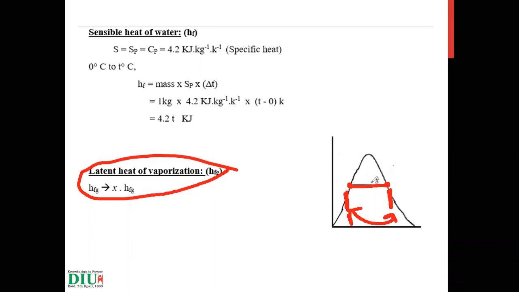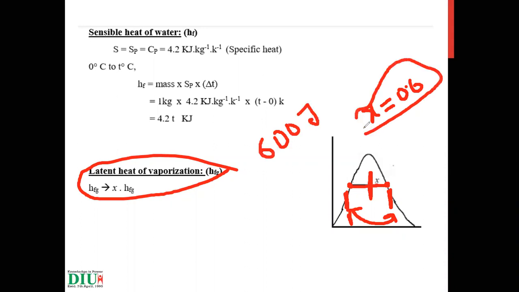But if you are here at this point, suppose this point is x and x equals 0.6, that means 60% of the water is converted to steam. Suppose the total latent heat is 600 joule, and x equals 0.6.